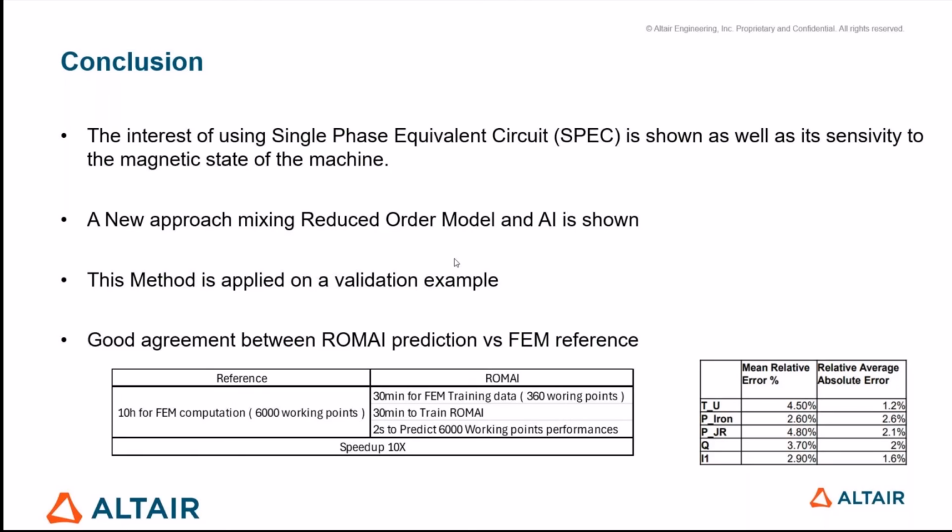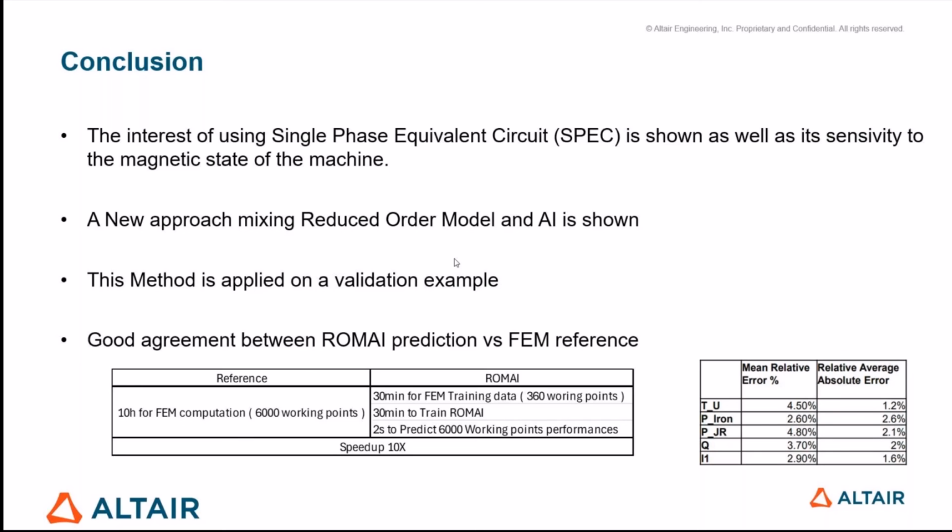This method was applied on a validation example through 6,000 working points. So the interest here is that ROM AI to predict 6,000 working points is almost instantaneous, whereas to compute these 6,000 working points through finite element computation on my computer, 30 minutes were needed using parallelization, of course.